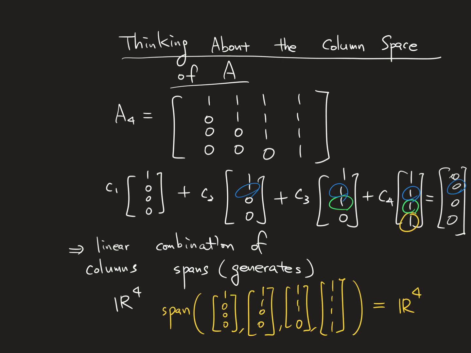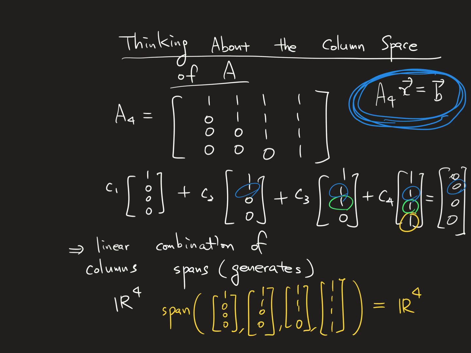If you make any equation like A4 x equals any vector b, we can say this equation has a solution, because A4 has linearly independent columns.